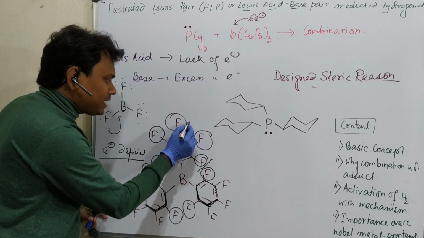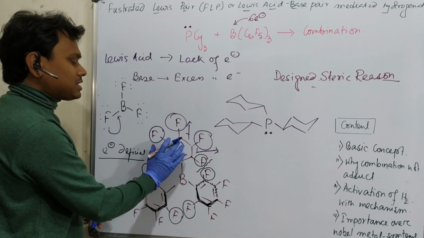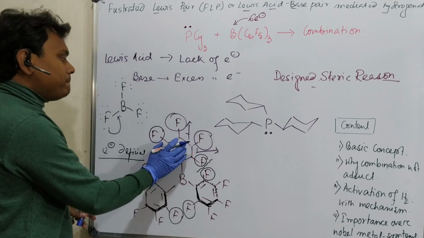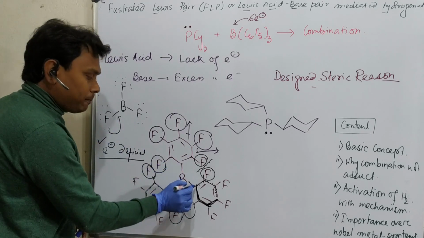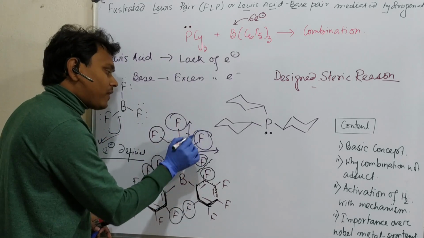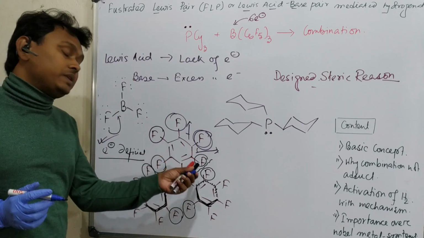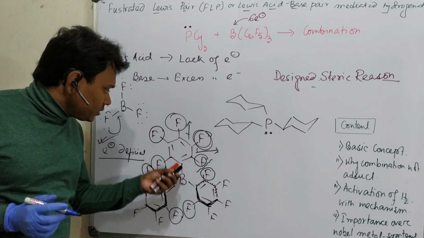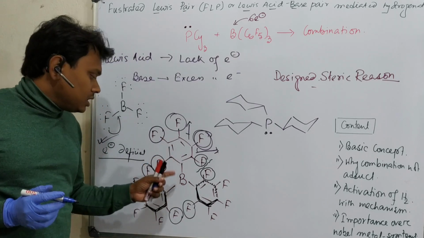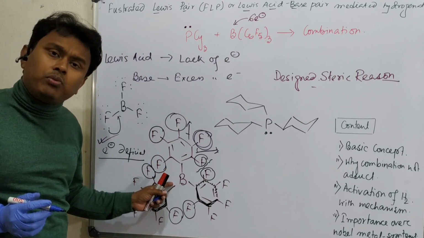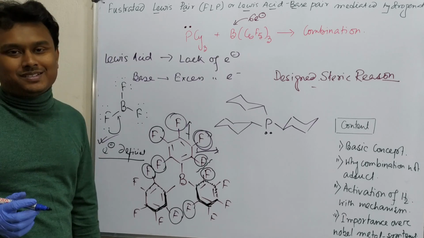It will drag the electron density from the benzene nucleus, and ultimately the benzene nucleus becomes electron deficient. Due to the presence of 5 fluorines, which is a very high electron withdrawing group because of its highest electronegativity, this nucleus will become less electron rich. Then how will it donate to the vacant orbital of boron? Consequently, boron remains electron deficient.